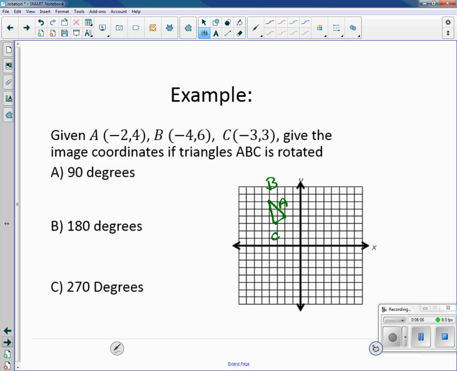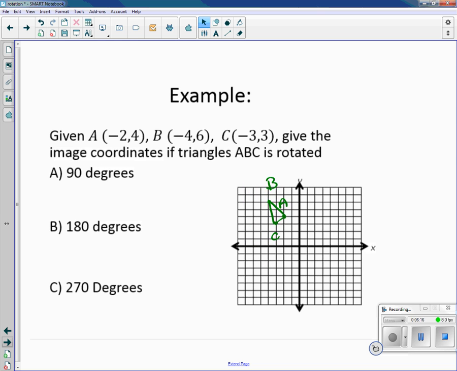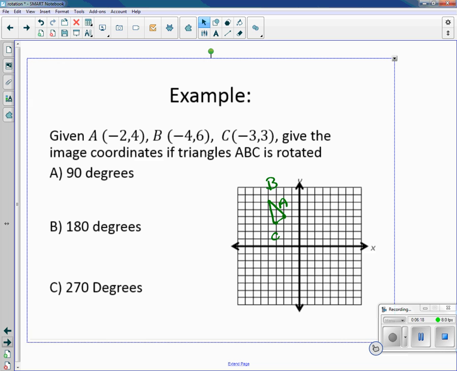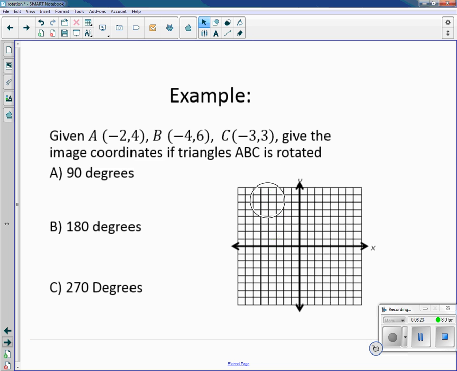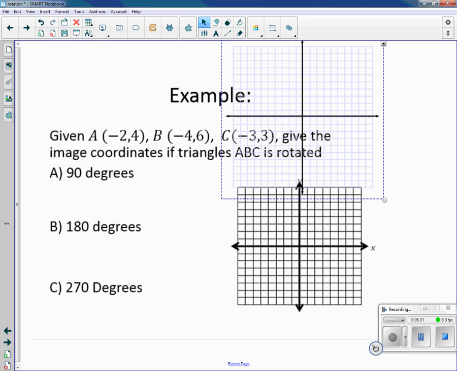Now, let's go ahead and rotate this 90 degrees. It's not letting me do that. What we're going to have to do is graph it on another graph.